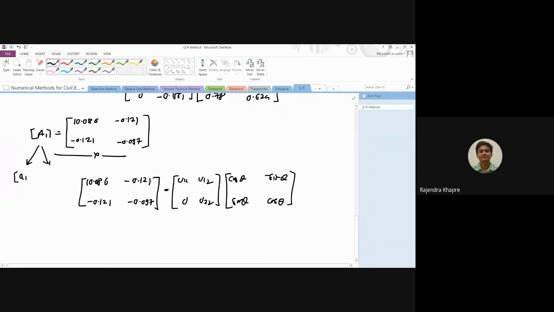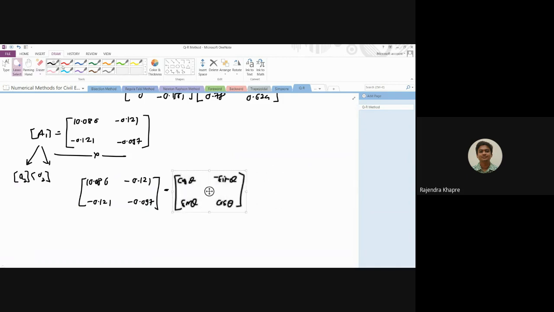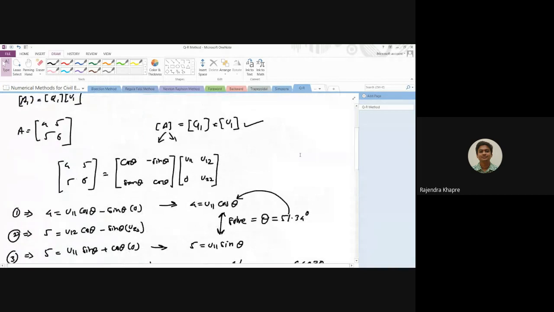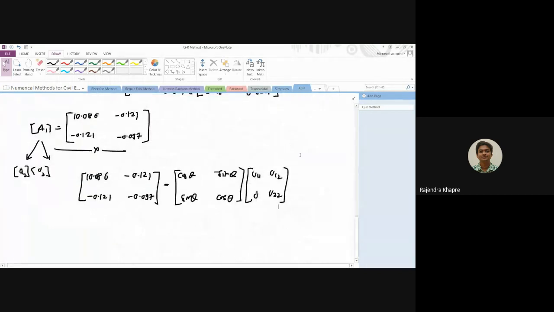This will be Q2 into U2. So this will be completely gone. And this portion will go over here, and then you have this u11, u12, u22, and 0. Okay? That was my mistake. Sorry for that. Okay, now we are doing it correctly.